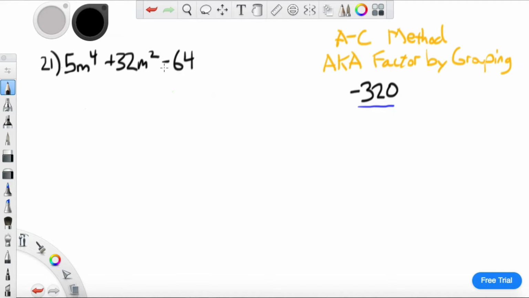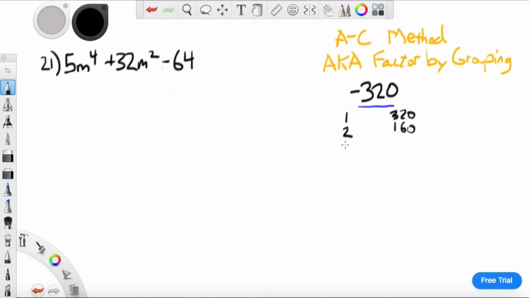Since this is a minus right here, one of them is going to be positive and one negative. So we're looking for something where the difference is 32. Well, 1 and 320 don't cut it, and neither do 2 and 160, because 160 minus 2 is 158.